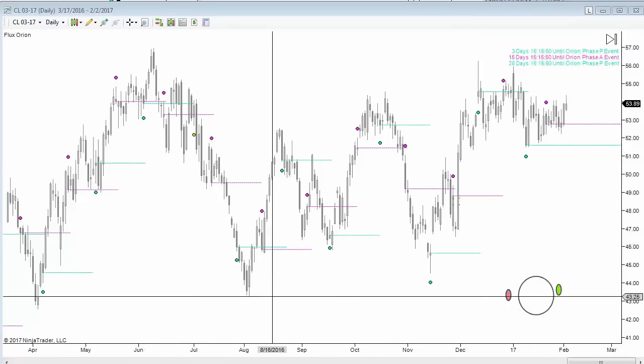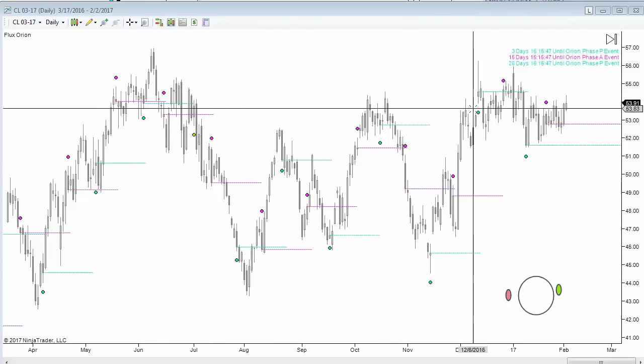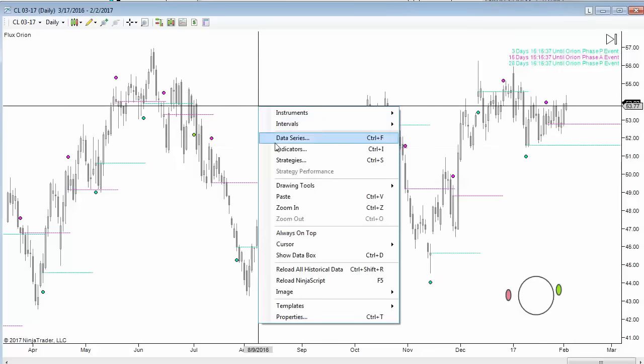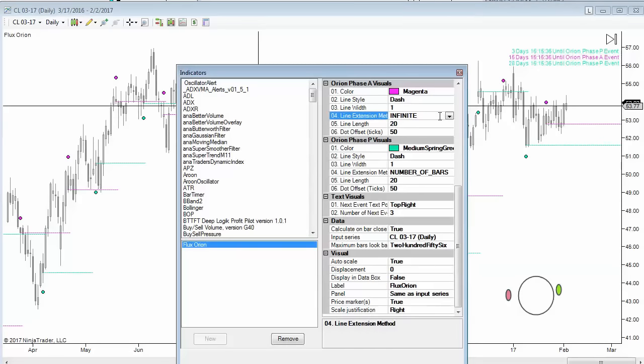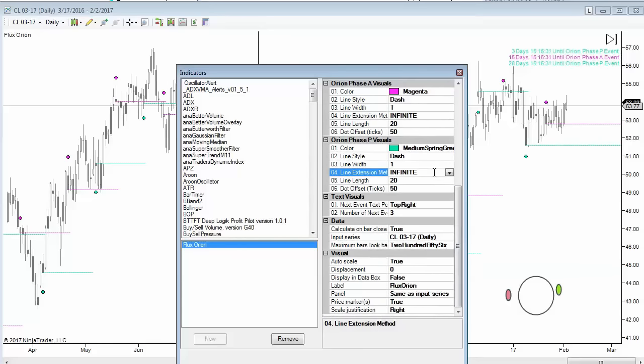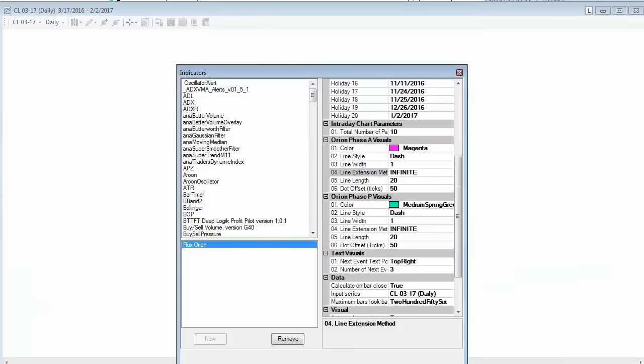Well, what you'll see on the chart here is every one of these signals is spawning a horizontal line out to the right-hand side. Okay, and right now I just have them going from signal to signal. So I'd like you to see when I come into the tool that I can turn those lines on in an infinite amount. I can have them extend forward to the right. And when I do, watch what happens.